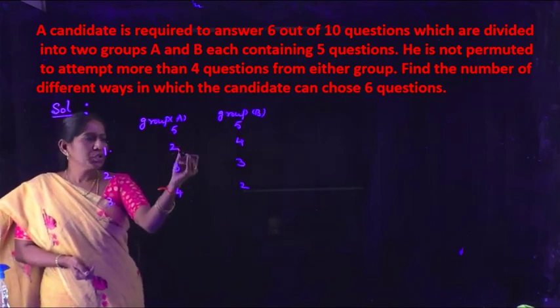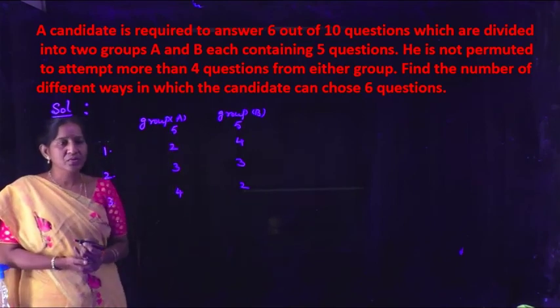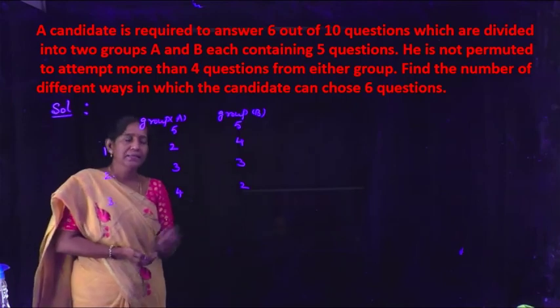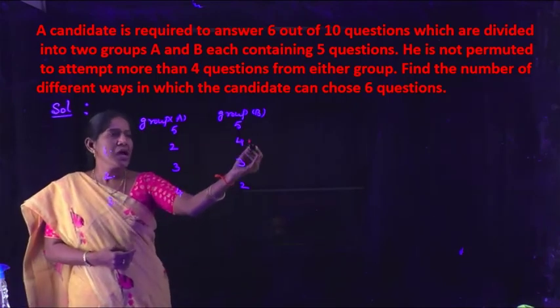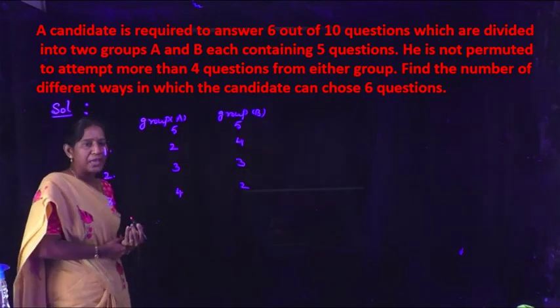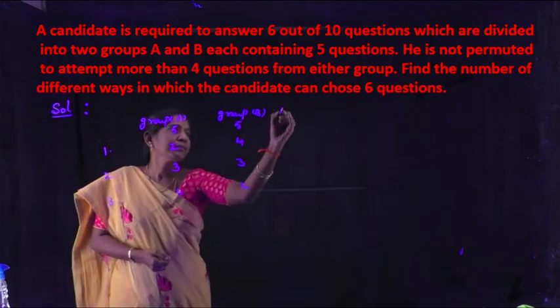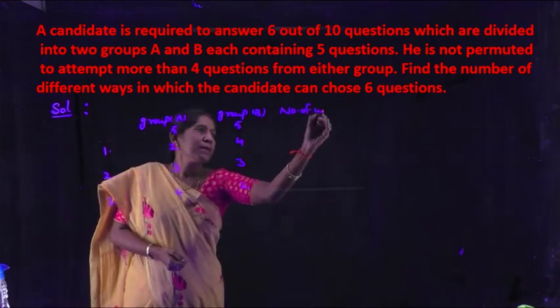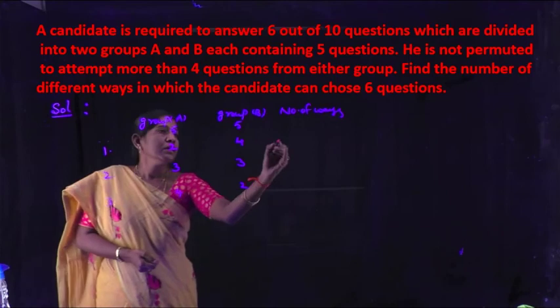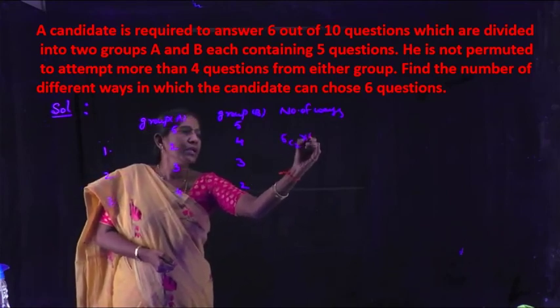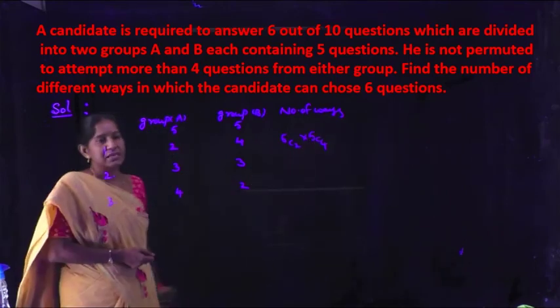Select 2 questions out of 5 questions from group A and select 4 questions out of 5 questions from group B. This can be done in 5C2 into 5C4 ways.